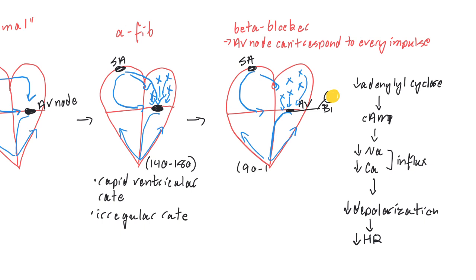Maybe in this case, we can get down to 90 to 100. It's still going to be irregular because we haven't solved the underlying dysrhythmia, but we're going to have a reduced ventricular rate, especially compared to our uncontrolled AFib heart.